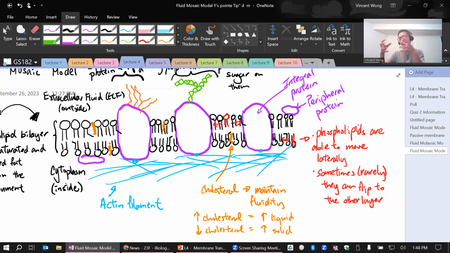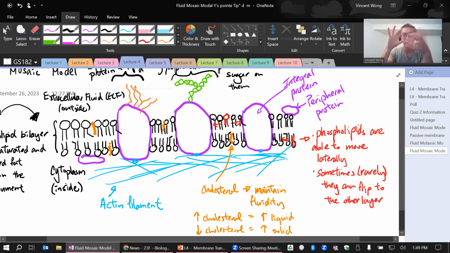The phospholipids create a hole, like a pocket, and the protein just sits right in it. As a loose analogy, think of a sandwich, and you take a carrot stick and poke right through. The carrot stick would be the protein. Is it attached to the bread? Not really, but it's snug.